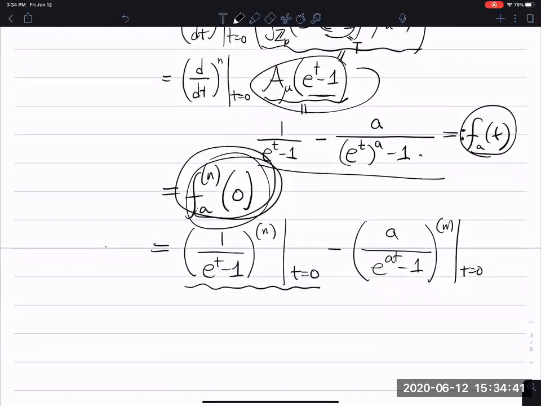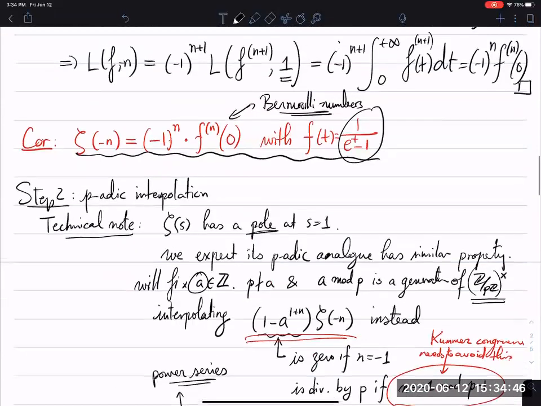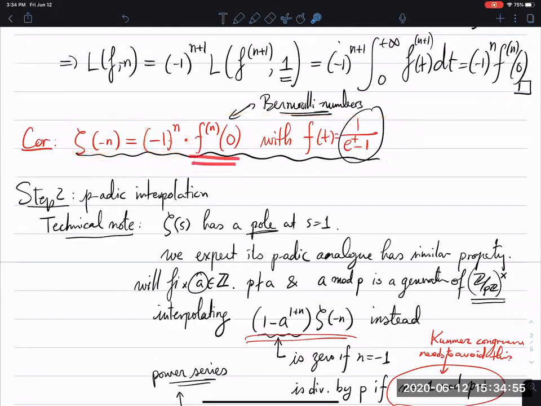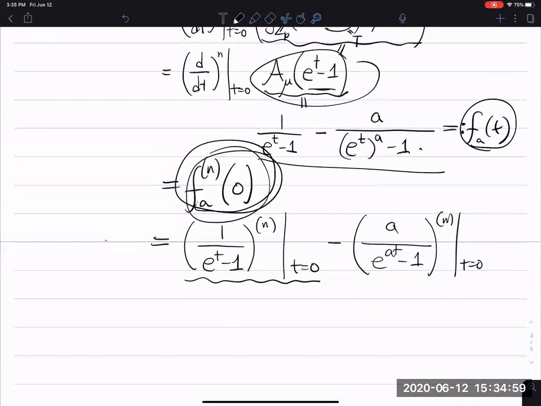So the first term, we recall my earlier theorem here, right? Zeta of negative n is minus 1 to the nth power times the nth derivative of this function here. And that's precisely what we're doing here. So the first term is minus 1 to the nth power zeta of minus n, but n is odd, so you just get that.